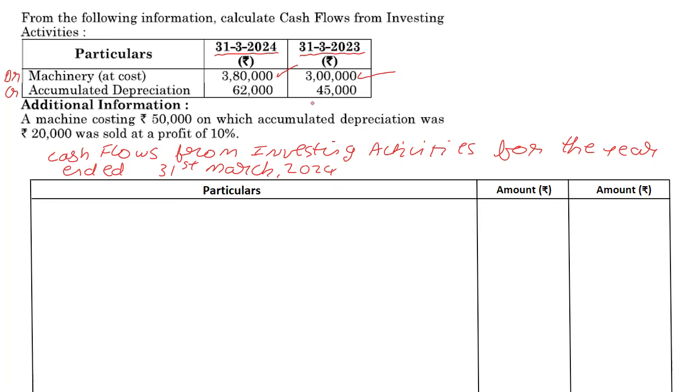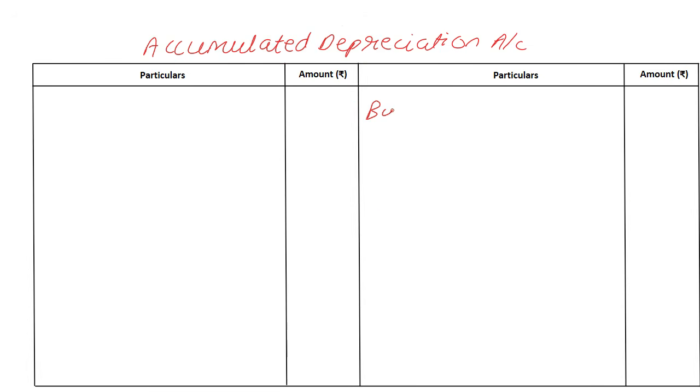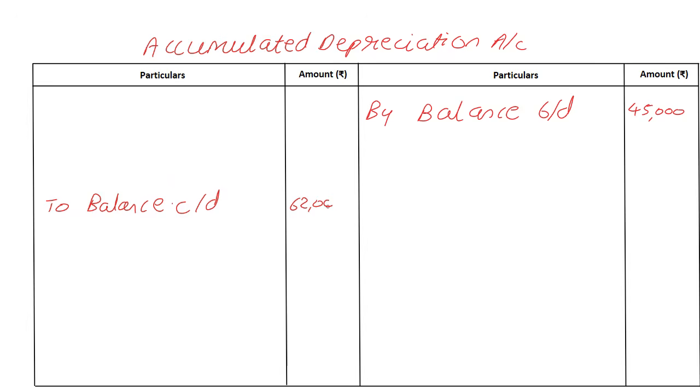So this time around, it'll be on the credit side, by balance brought down 45,000 and to balance carried down 62,000.